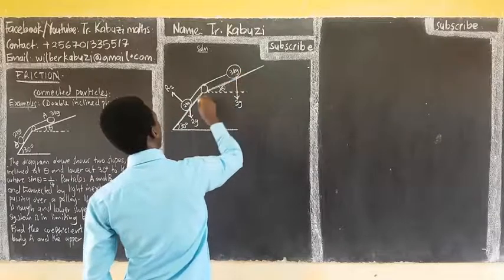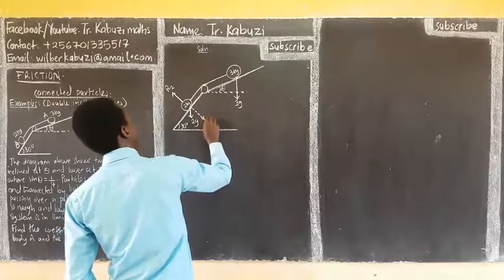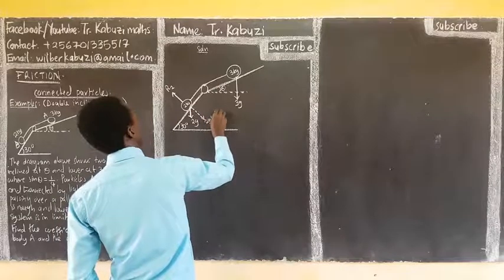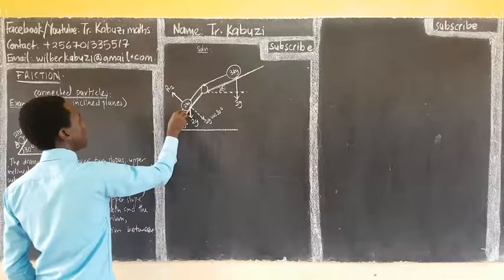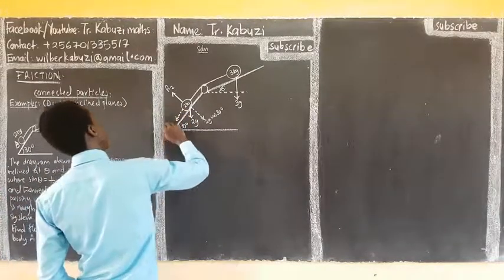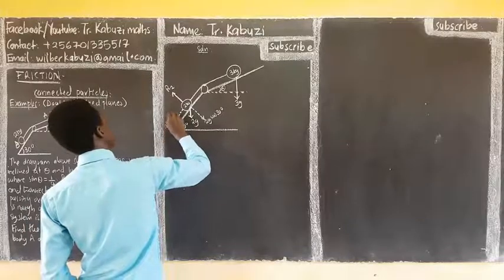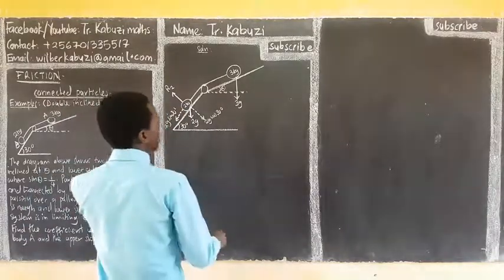Then if you resolve this one, you are going to have 2g cos 30 degrees. Then this side, you are going to have 2g sine 30 degrees.